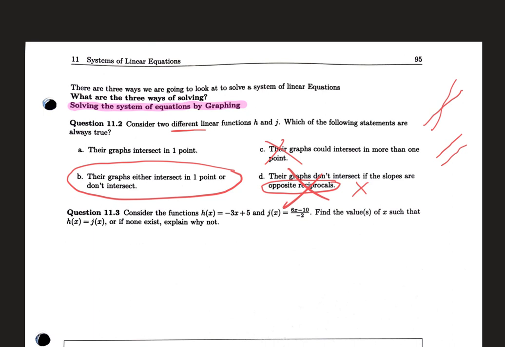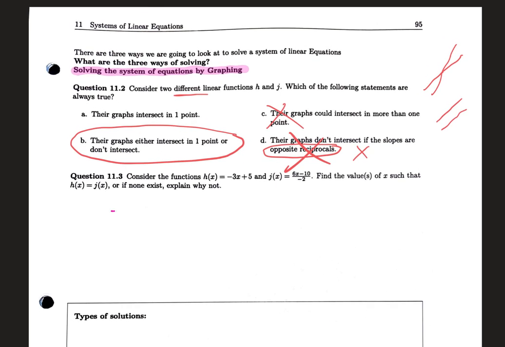So either our graphs intersect at one point or they don't intersect. Or this next question says, if I have these 2 functions, negative 3x plus 5 and (6x minus 10) over negative 2, and we want to find where these 2 functions are equal to each other, I'm going to multiply both sides by -2 because I really don't like that fraction.